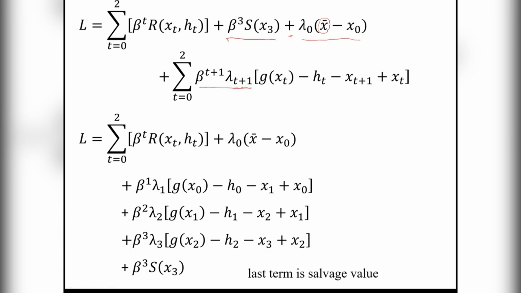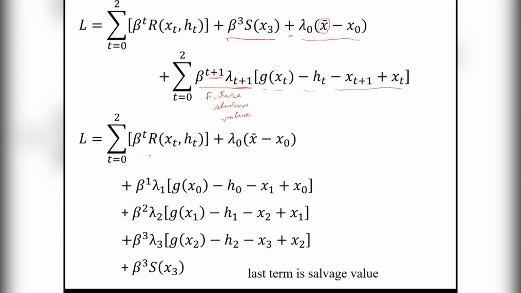Notice that it's a t plus 1 in both here and here because it's the future. So this basically is the future shadow value, and this is the growth function minus the harvest, and then we had that left-hand side, which we've now moved to the right-hand side.